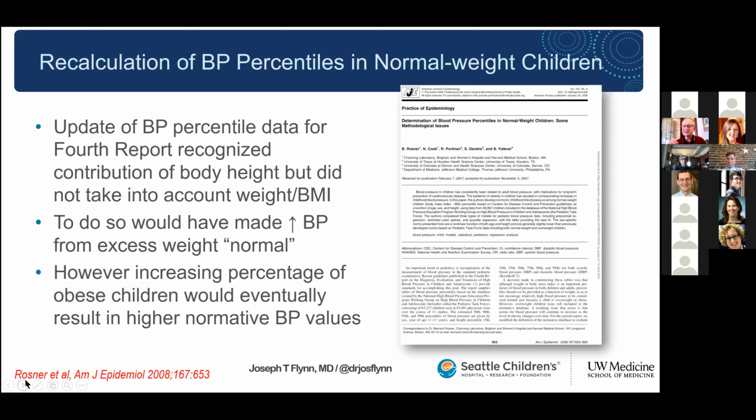Are we really saying that a higher level of blood pressure that is created from childhood obesity is okay? In other words, are you accepting that a pathological process is healthy?